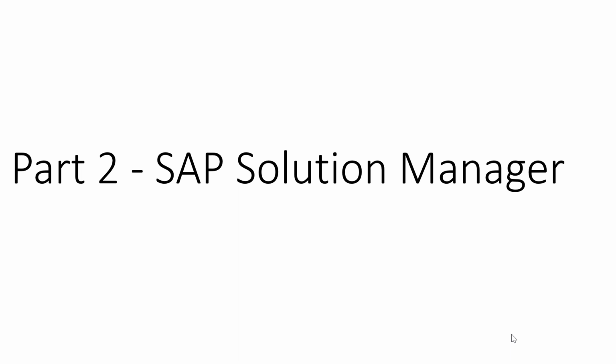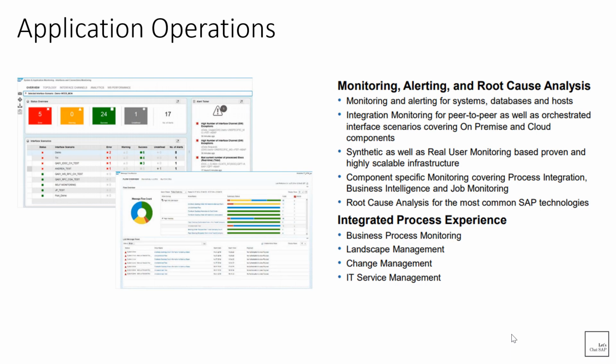In this video, I'm going to provide more details about the different types of functionalities available in Solution Manager. The first one is called Application Operations. This component contains multiple sub-functionalities or sub-tools like system monitoring, integration monitoring, user experience monitoring, root cause analysis, and a few dashboards.